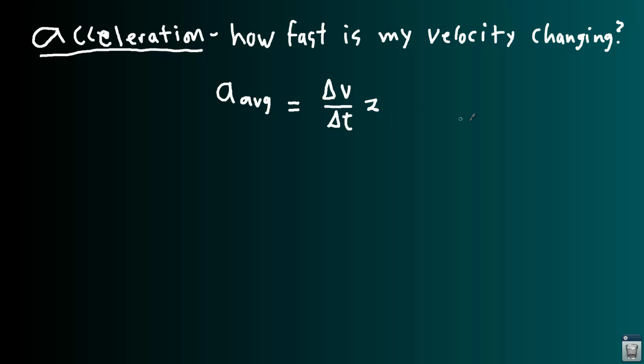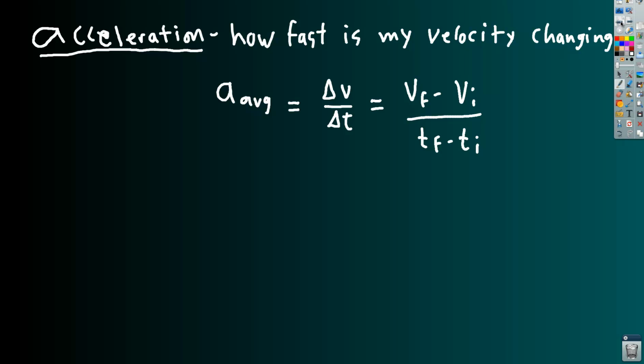Expanding this, that's not a 2, that's an equals. Of course, a average equals v final minus v initial over t final minus t initial. And what would the graph of this look like? I'm not going to redraw it.